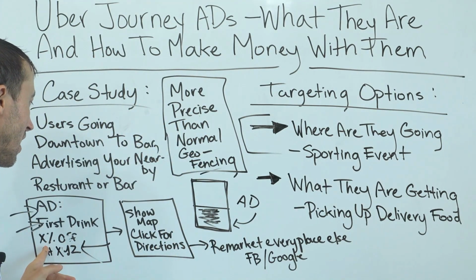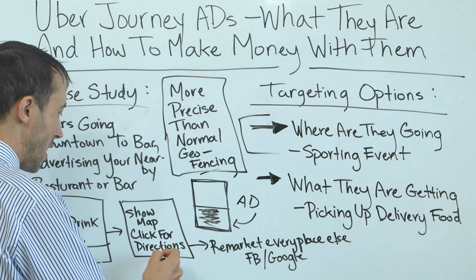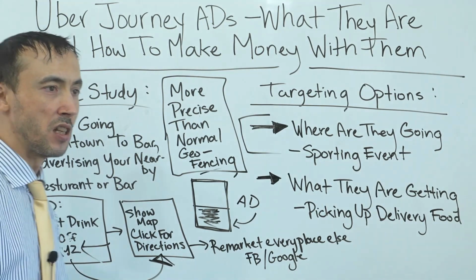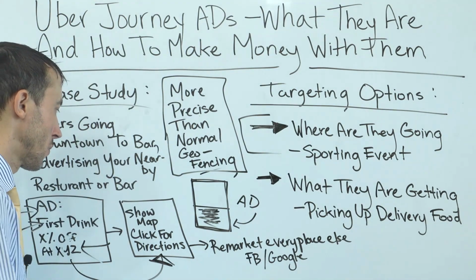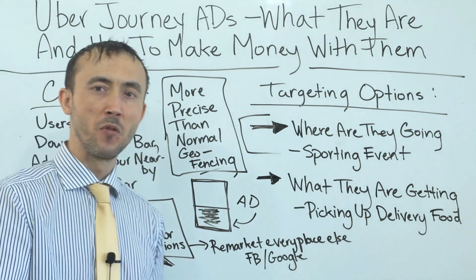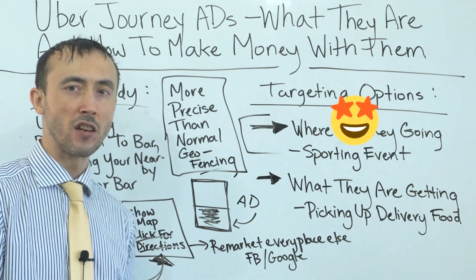So that's what we did there, okay? With that, by the way, you want a landing page to back it up. And then what we like to do in these types of instances for a local business like this is, like we did here, drive them to a landing page that shows a map physically where it's at, and then a button for them to click to get driving directions.